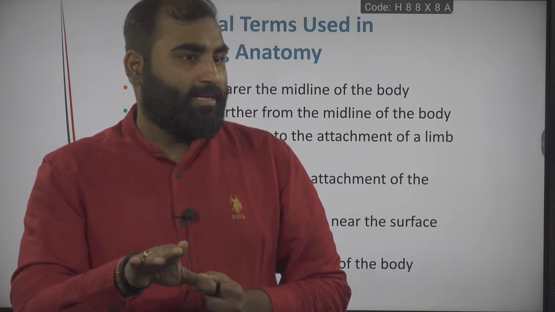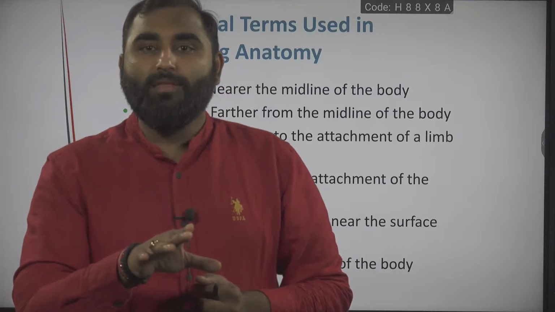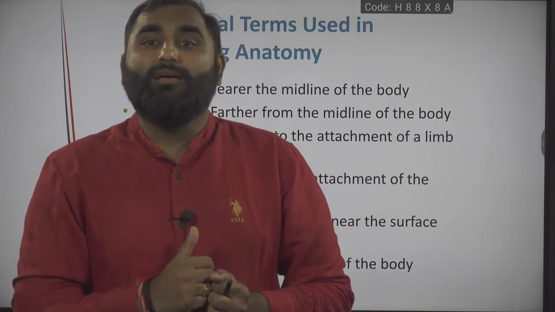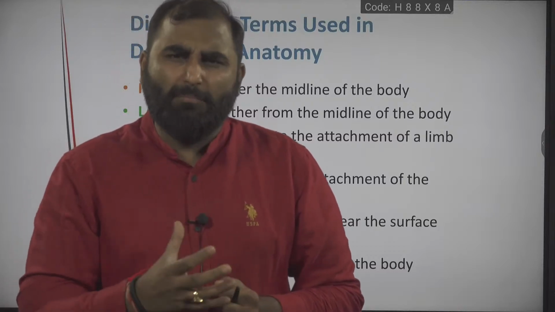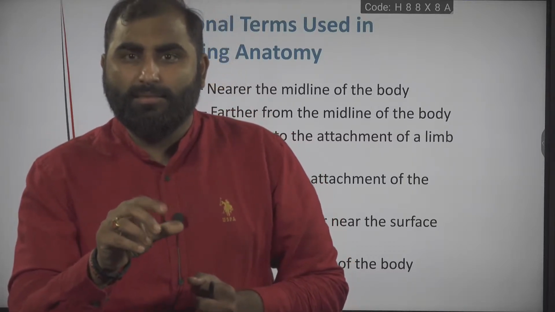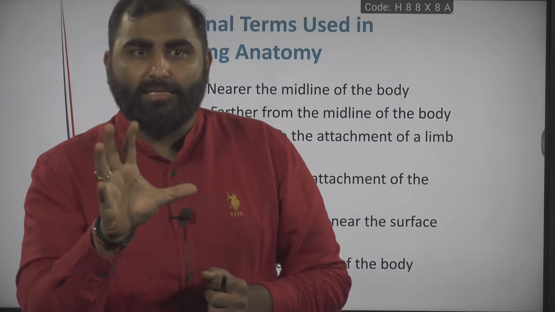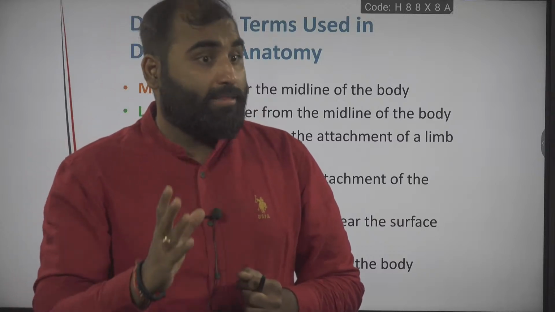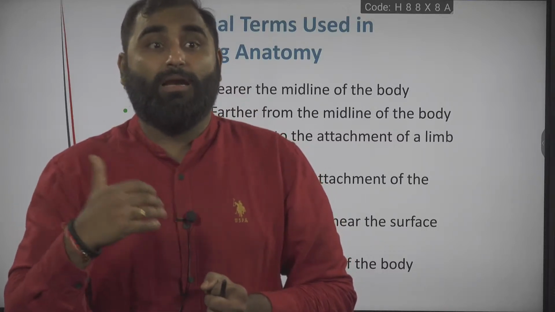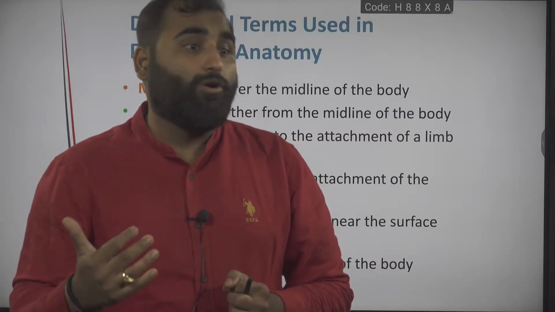Yes, exactly. So veins are superficially situated. If they get injured, some blood loss may occur, but veins are easy to treat and the bleeding is easy to stop. But in the hospital, when we get a case where arterial damage is there, the blood flow is not stopped very easily.